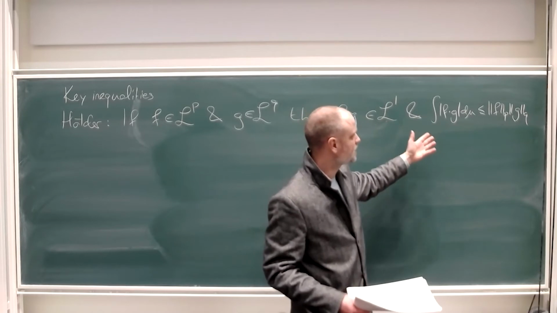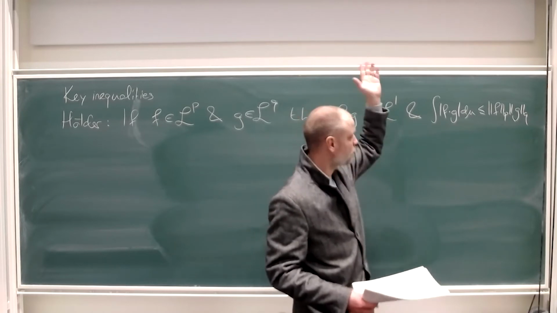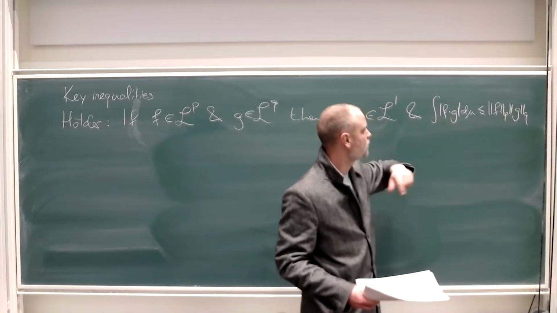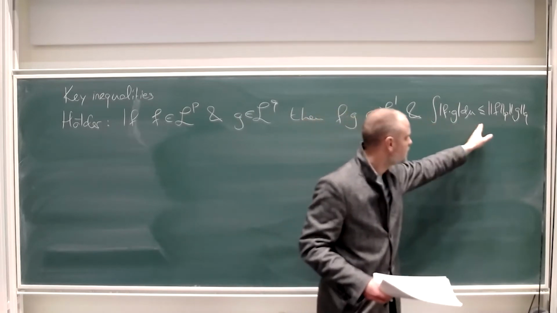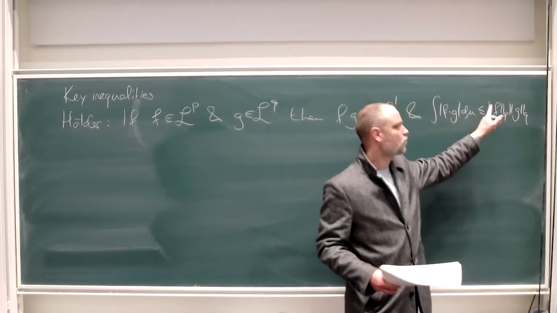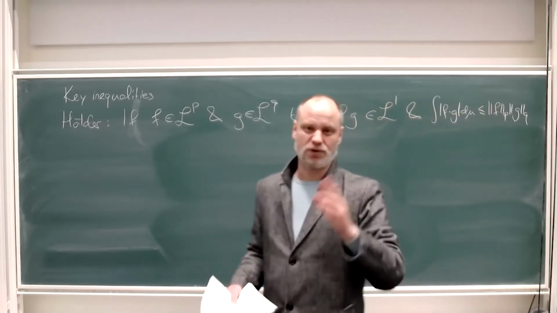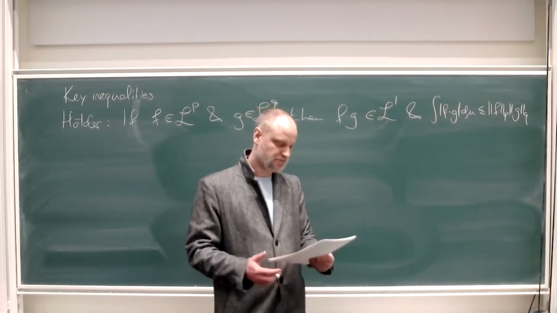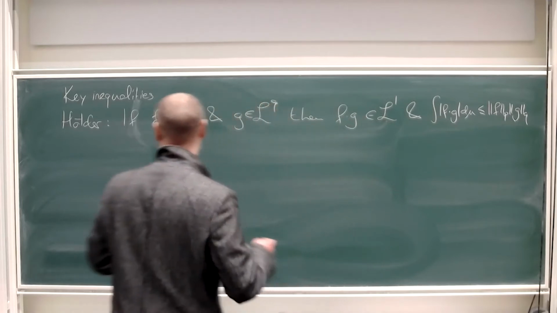But much more than that, it is what we were lacking in the previous example. It's a way to make the product of two functions always be in L1. So this integral exists. And moreover, we have this nice estimate here with no silly coefficient that we have to remember. The coefficient is just 1, so to speak. Minkowski.